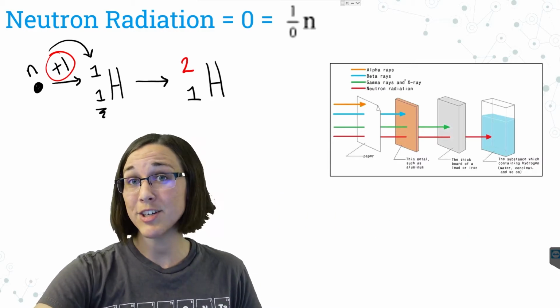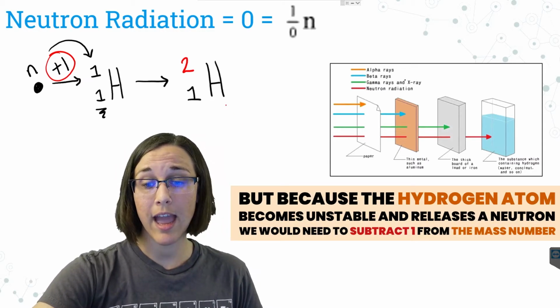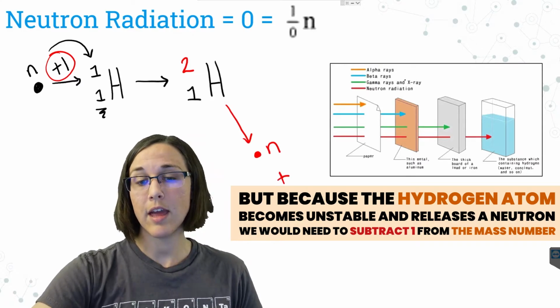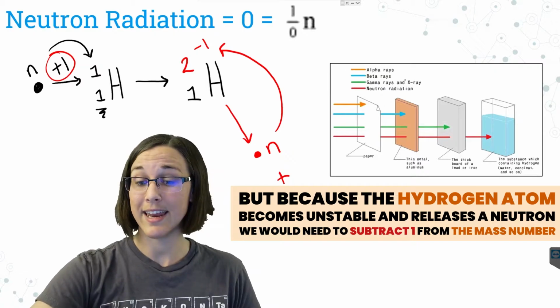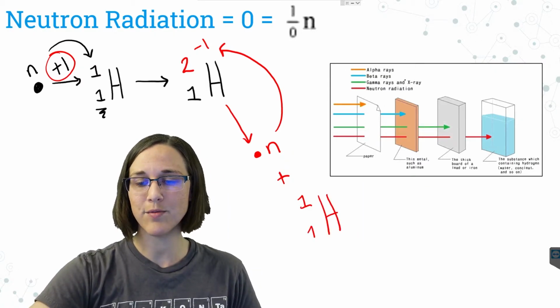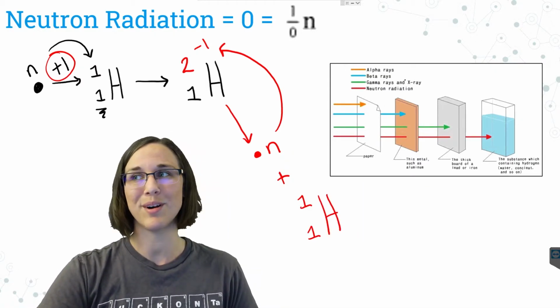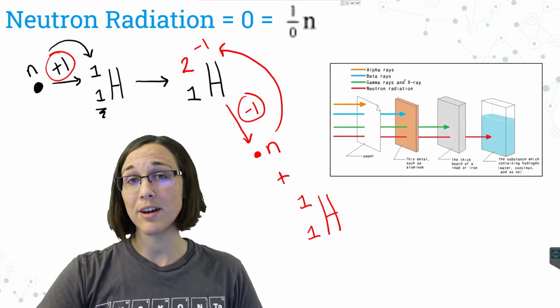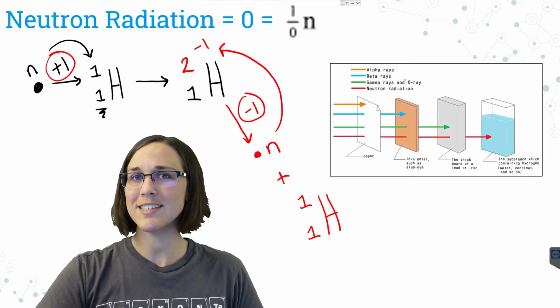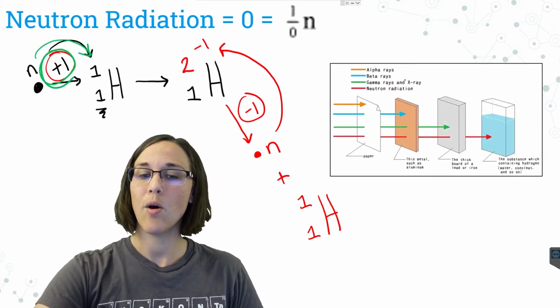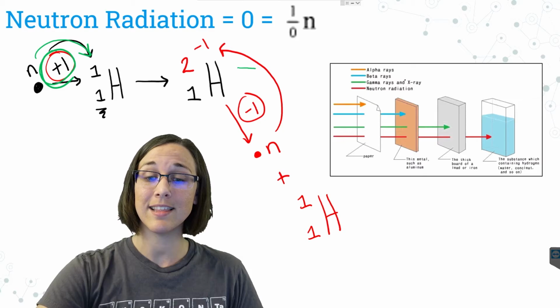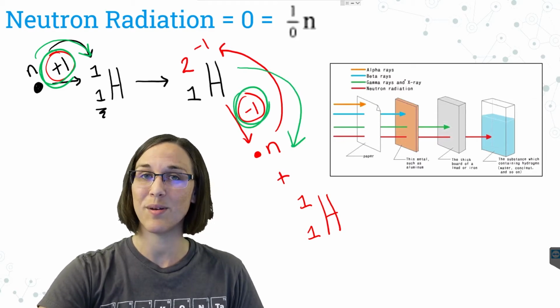But now if that hydrogen atom became unstable and released a neutron, then we would need to subtract 1 from the mass yet again to yield a hydrogen with a mass of 1 and still a proton number of 1. So the moral of the story here for neutron radiation calculations is it depends whether or not the neutron is coming in and bombarding, or whether the neutron is leaving and subtracting from the mass number.